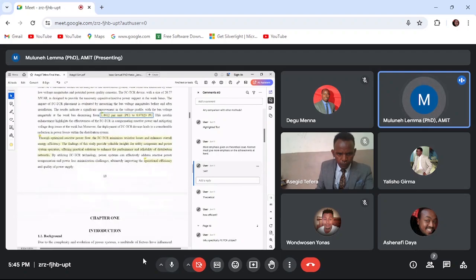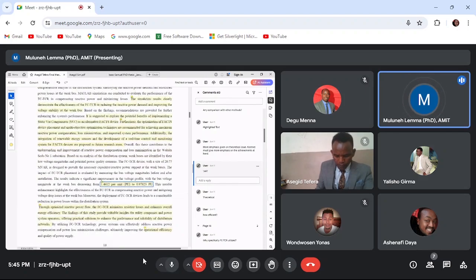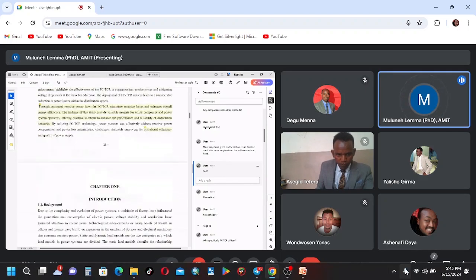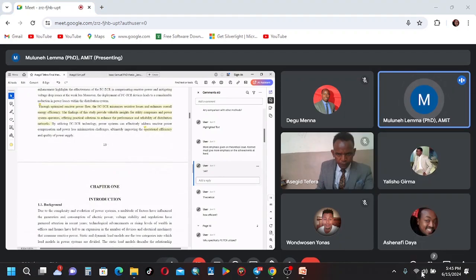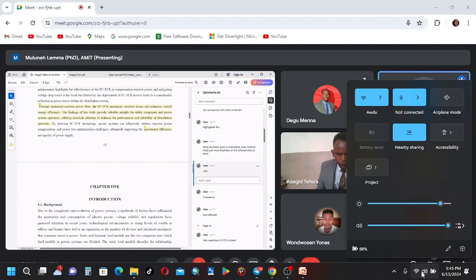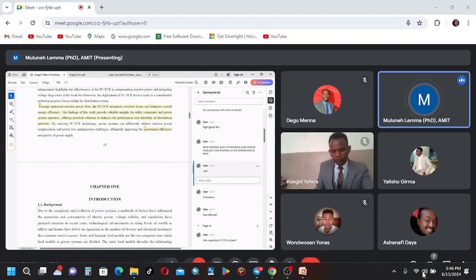And the other, here is more theory. You have to minimize those theoretical parts and concentrate more on your introduction or methodology, and it is better to write more on the result section, the results of your own, rather than writing the theoretical aspects of the advantages of FCTCR.